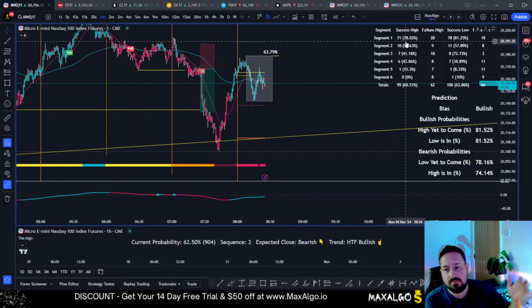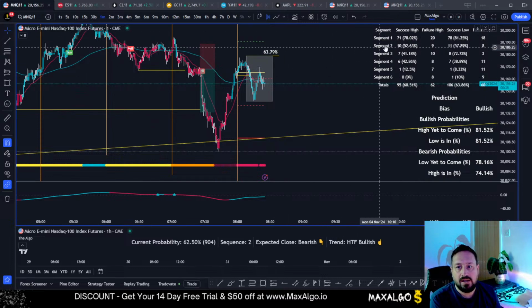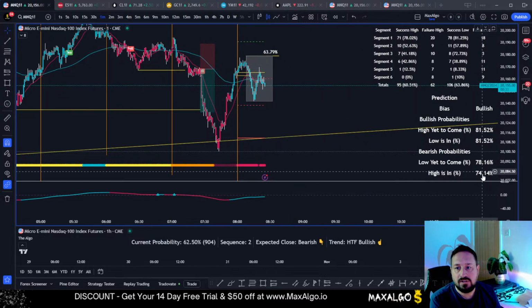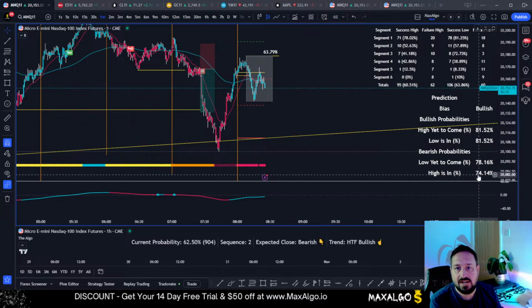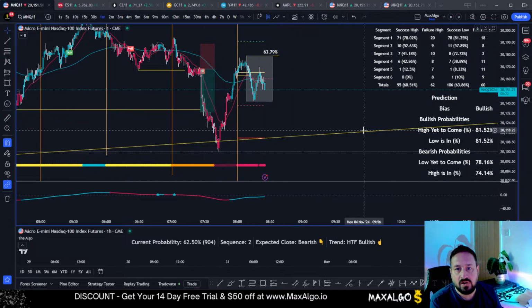But where I'm kind of seeing this as being really helpful is, let's say, for example, when we take the high, we then confirm we're expecting, like, that's it, our high's in, right? So right now there's a 74% probability we're expecting that to be our high, and there's a 78% probability we're expecting price to go lower, right?